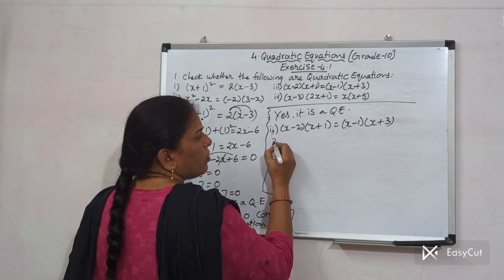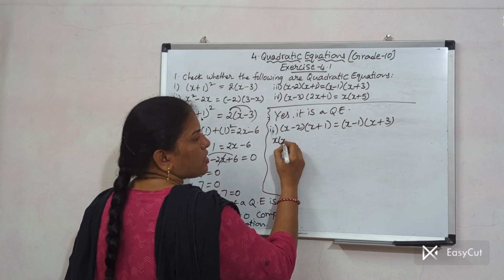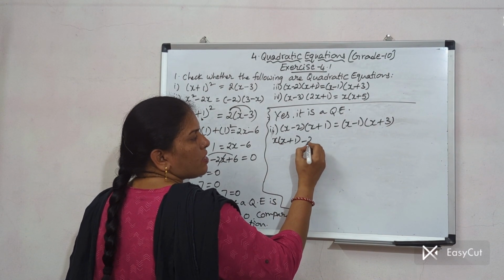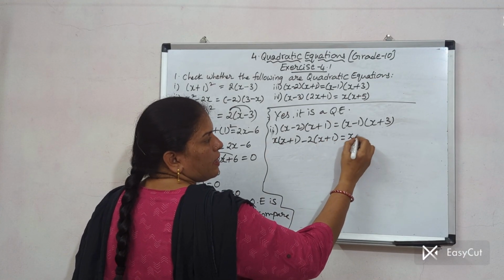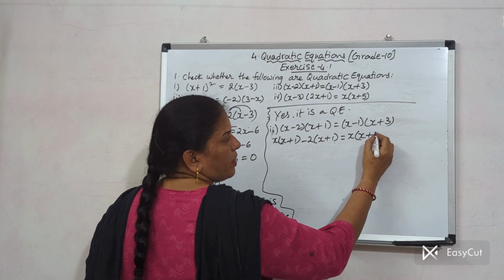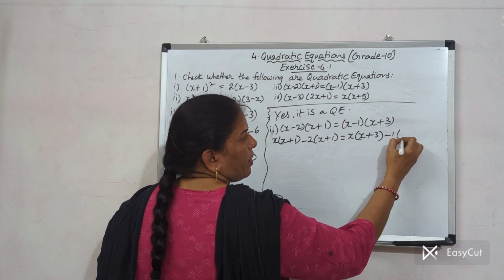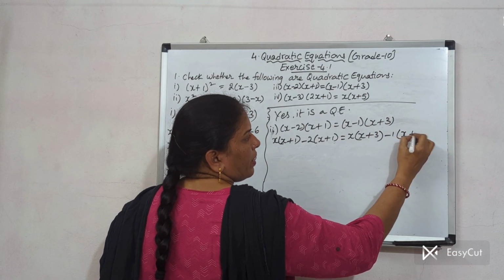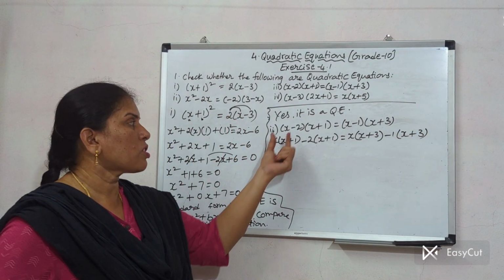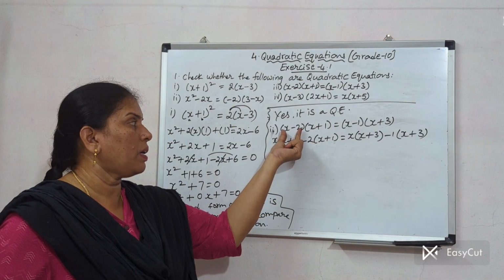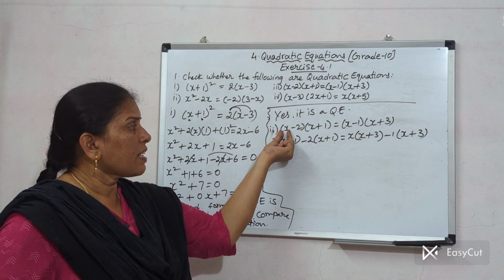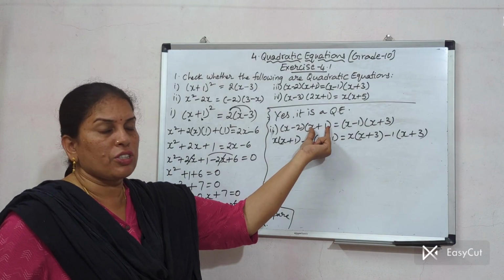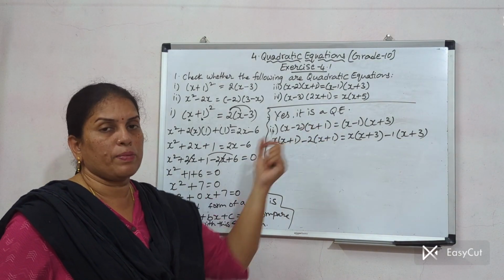X into, now multiply. X into x plus 1 minus 2 into x plus 1. Same like this, x into x plus 3 minus 1 into x plus 3. All of you understood? We must multiply the whole expression with the first term, and the second term with the whole expression.